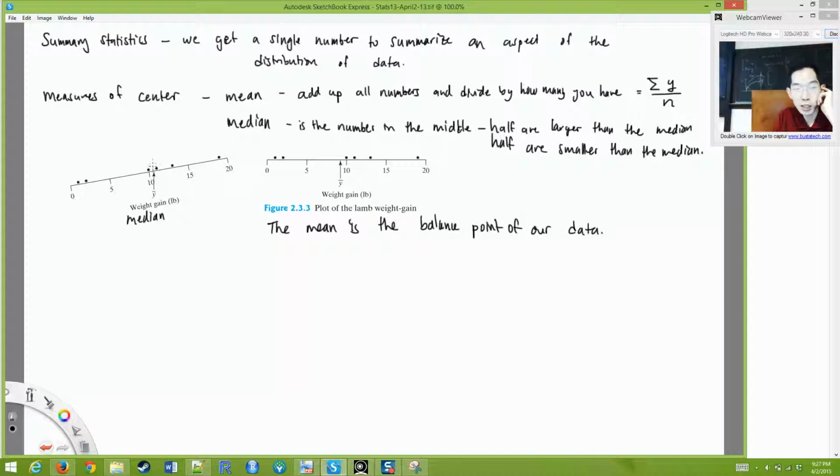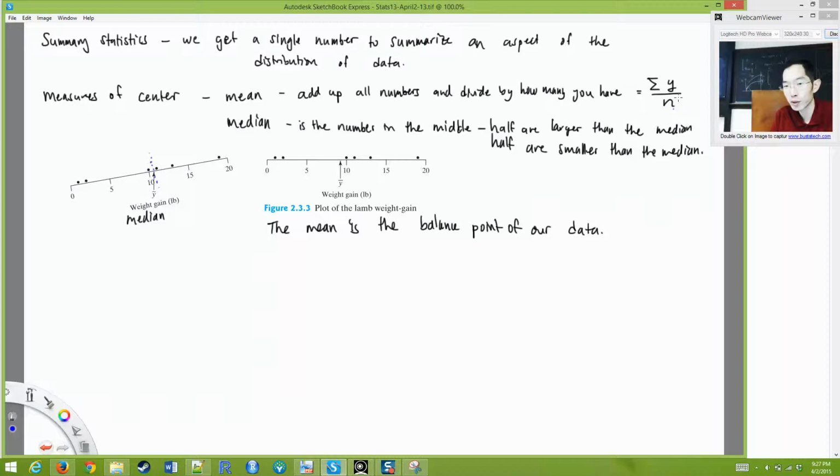Maybe it's hard to see, but the median is right here where 3 points are larger and 3 points are smaller. The median is where half are bigger and half are smaller, and that might not necessarily be the balance point of the data. But the mean is the balancing point of our data.